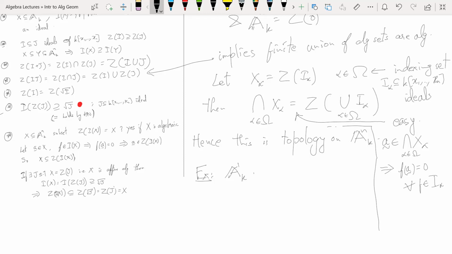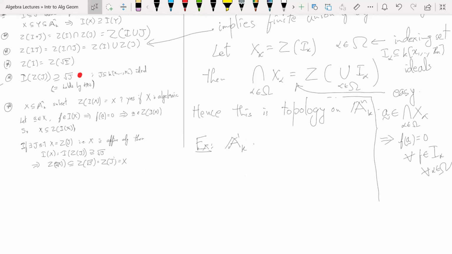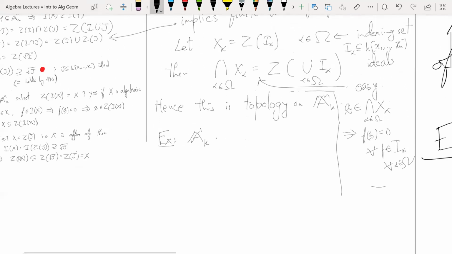Since this holds for all alpha, f(a) is 0 for all f in I alpha and for all alpha in omega. So this immediately implies that a belongs to the zero set of the union of I alpha, alpha in omega. Since it vanishes for all polynomials in this union, we have one inclusion.